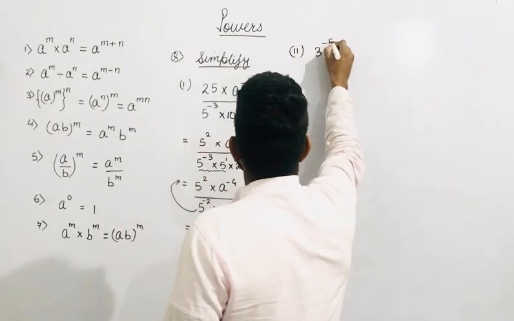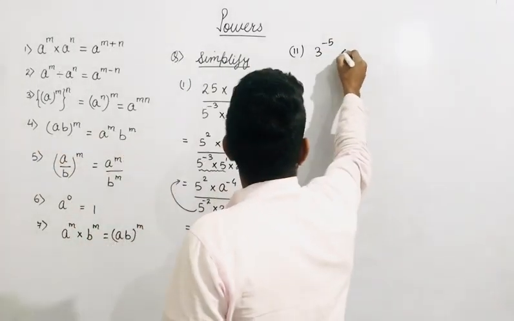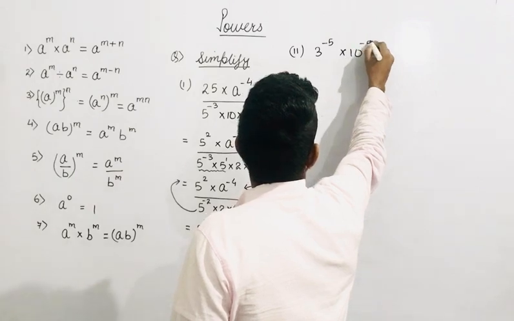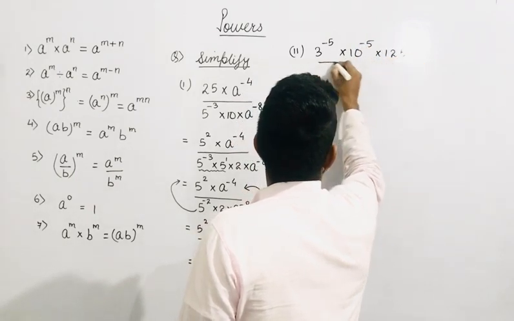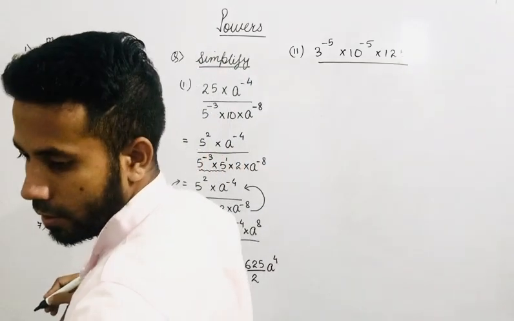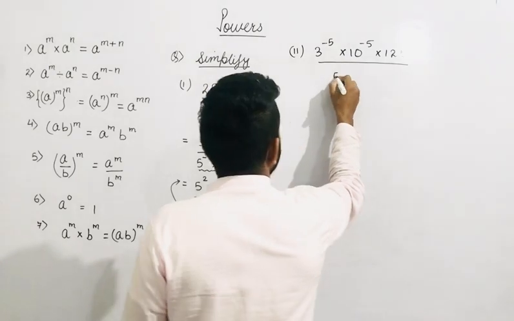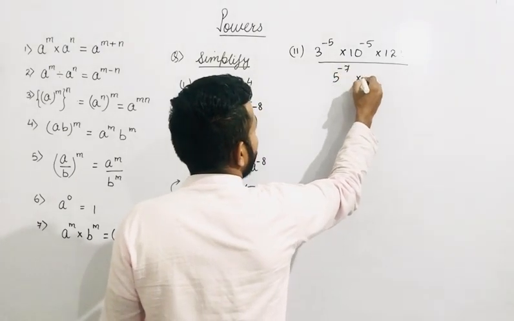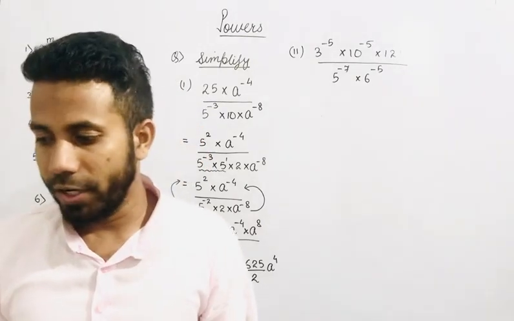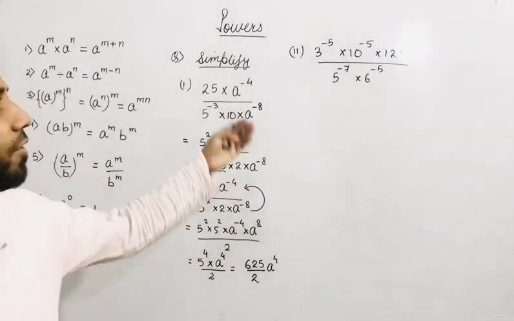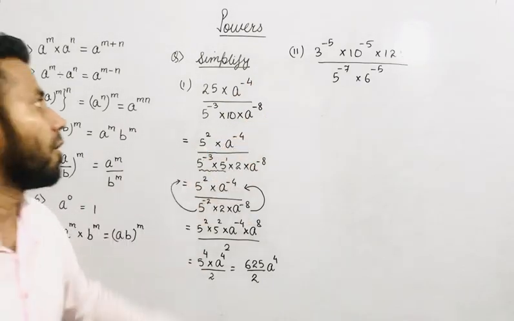The question is 3 to the power minus 5 into 10 to the power minus 5 into 125 by 5 to the power minus 7 into 6 to the power minus 5.